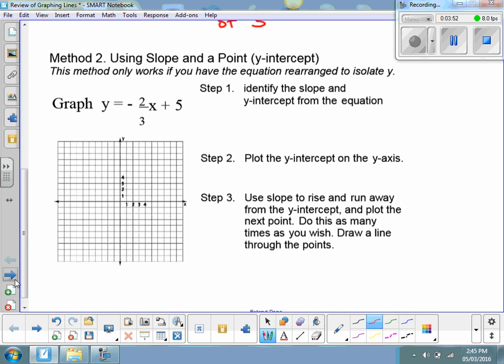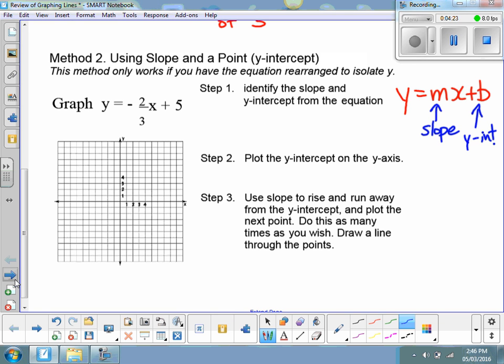This time we're going to graph the same line, but we're going to use the slope and the y-intercept. So important to remember that that's the formula for the equation of a line when it's in slope y-intercept form. So remember that m in this equation represents the slope, and the b on the end here represents the y-intercept.